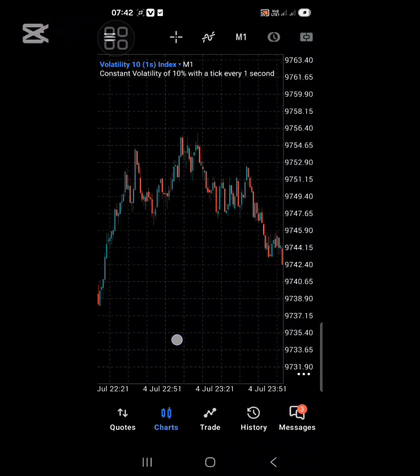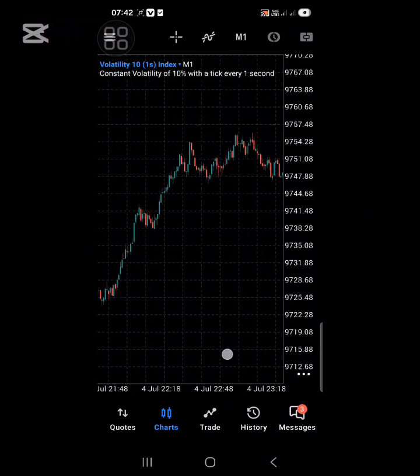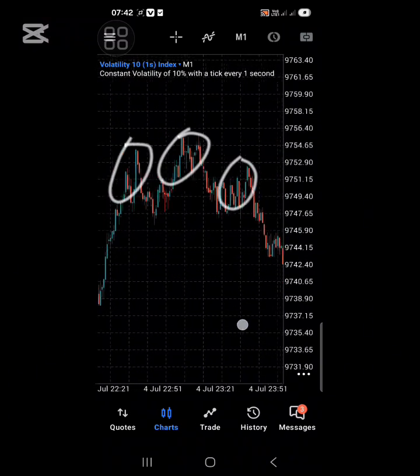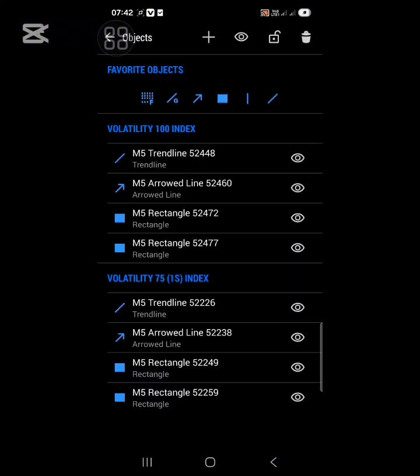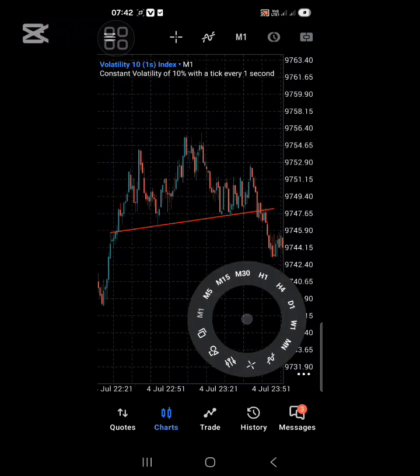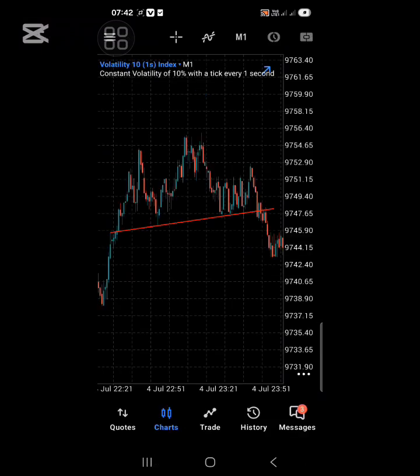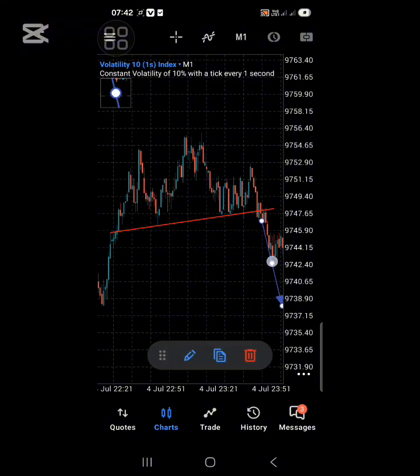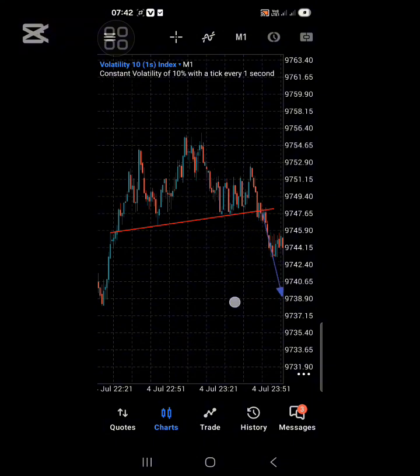Also here, the market is in an uptrend, and I identified the swing highs, the peaks. I connected the neckline from the left shoulder and the right shoulder, and I waited for the market. The market broke that neckline.